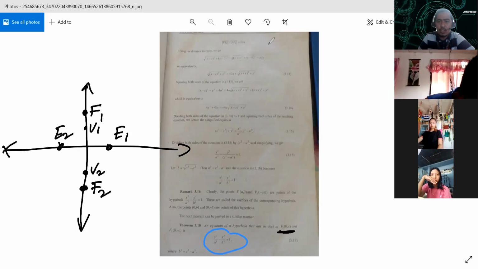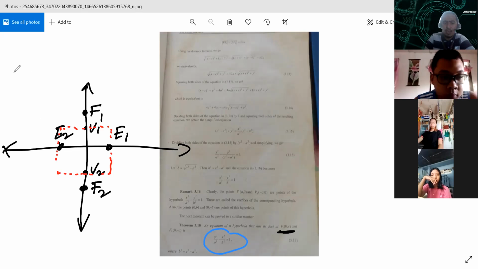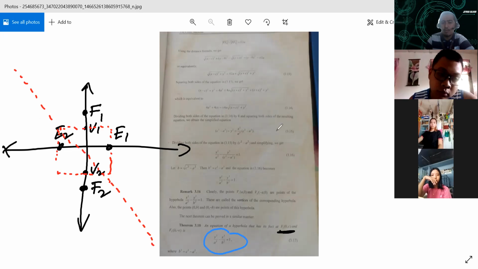Again, to construct your hyperbola, you will create an imaginary rectangle that passes through your extremities and your vertices. Then after that, you draw an imaginary diagonal line, and that will be your line of asymptote.